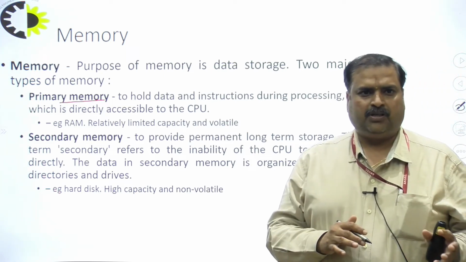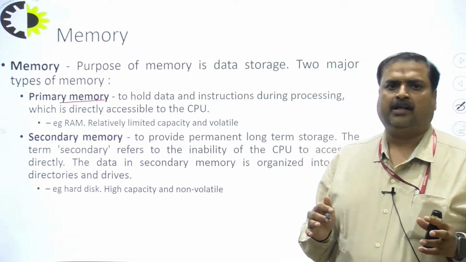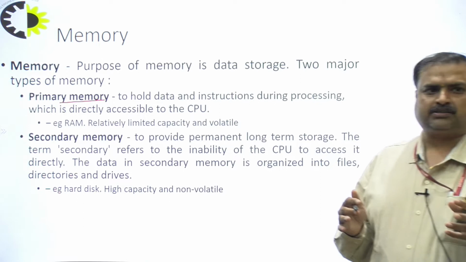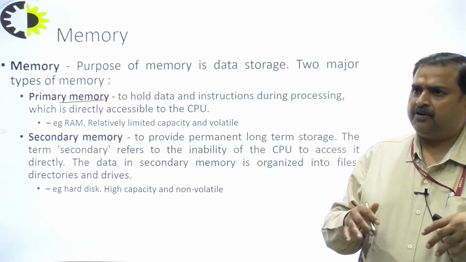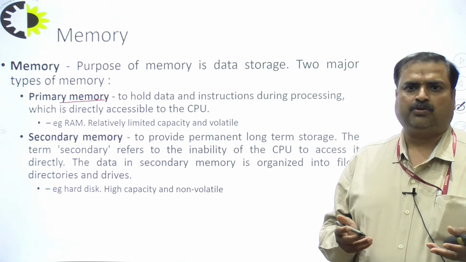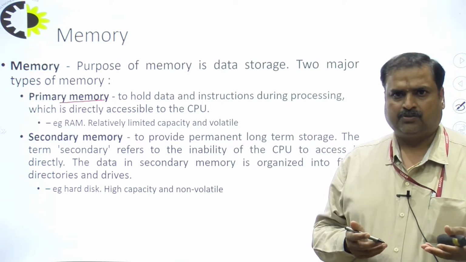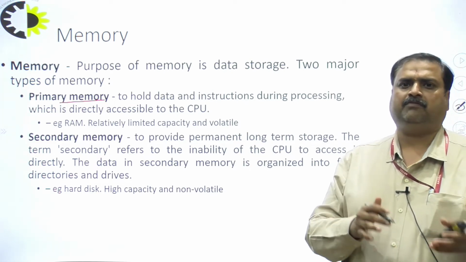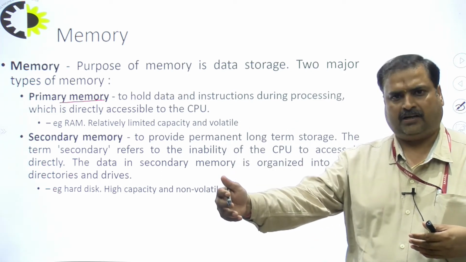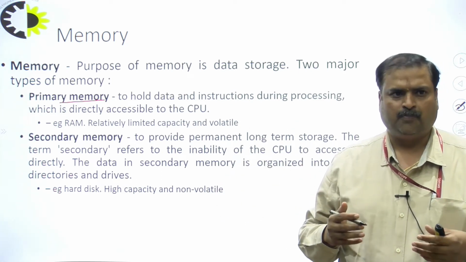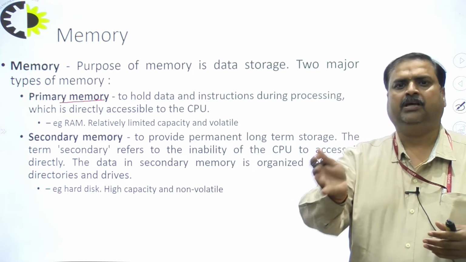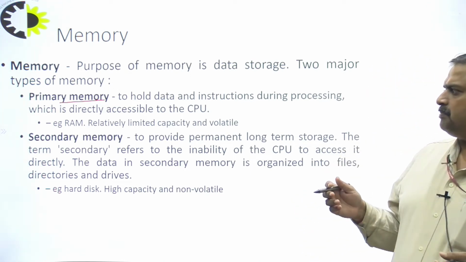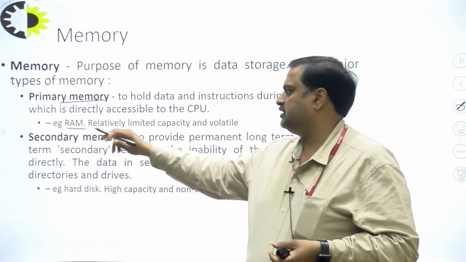The secondary memory is generally used to provide permanent long-term storage, and it is called secondary because of the inability of the CPU to communicate with it directly. The memory with which the processor communicates directly is called primary memory, and the memory which is communicated with through primary memory is called secondary memory.